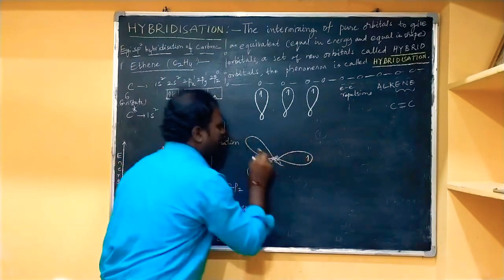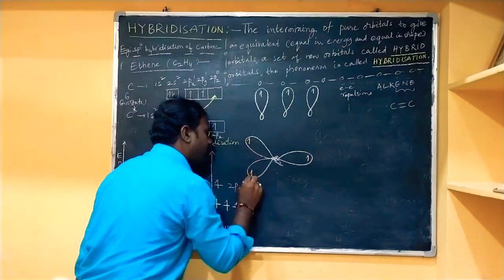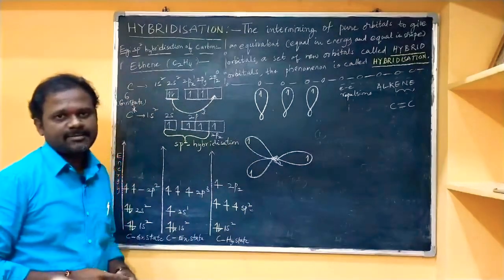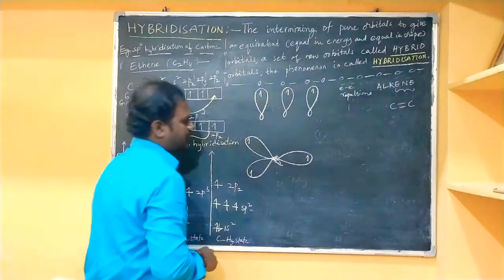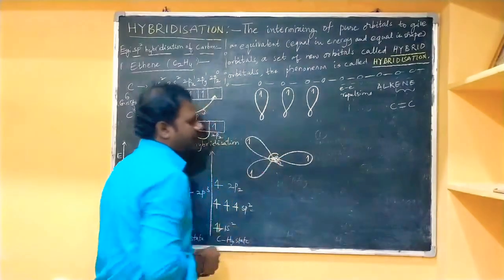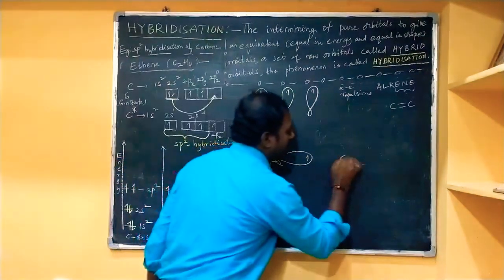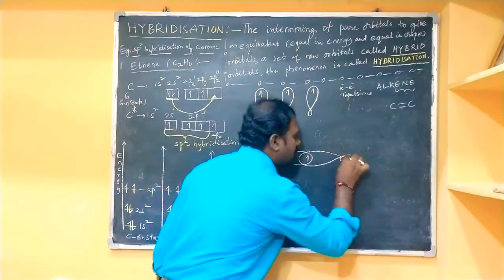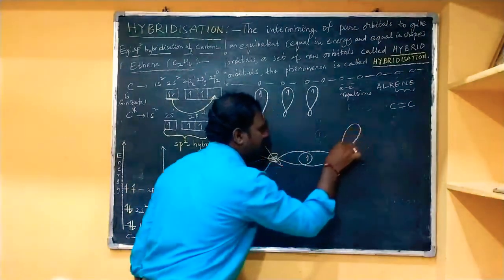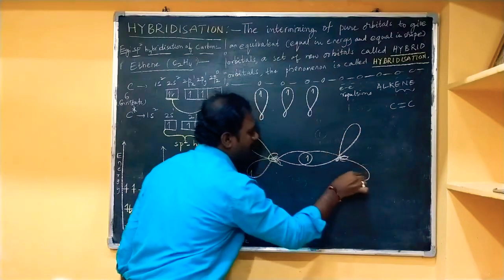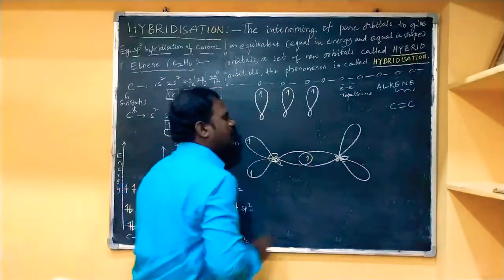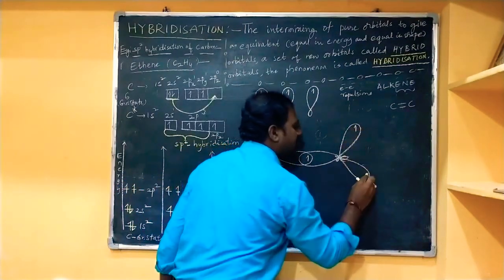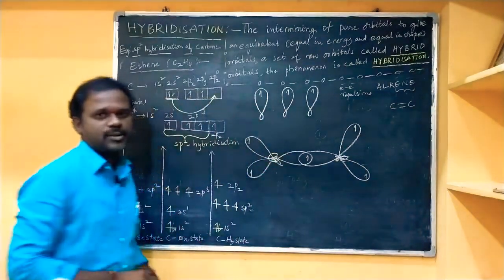Each orbital contains one unpaired electron. This is one of the carbons, and the other carbon is also arranged trigonal planar, with each orbital holding one unpaired electron.